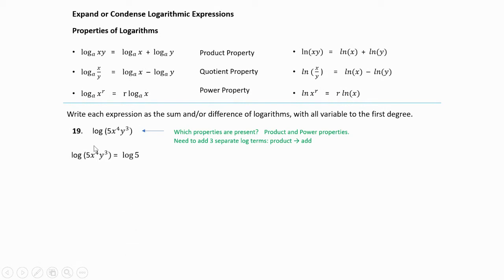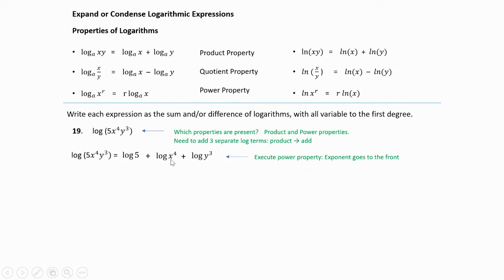So it's going to be log, and also my base. If there's no base, it's going to be base 10. So if there's no base, we just don't write one, but we know it's base 10. So log of 5 plus log of x to the fourth plus log of y to the third. Now we have to apply the power property, because the exponent must go to the front.